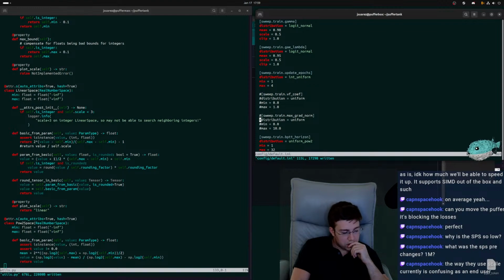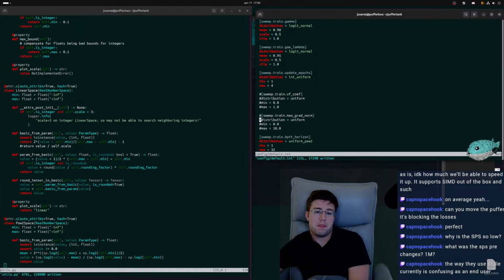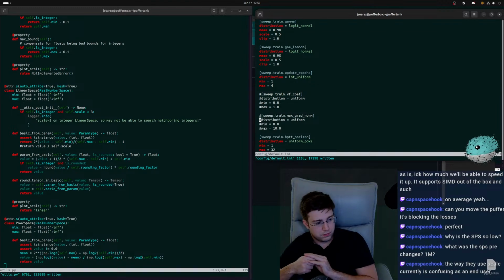The way they use scale is currently confusing. Yes, it very much is. The thing is, their stuff is wrong, Captain. It's confusing because it's wrong. Shoot.